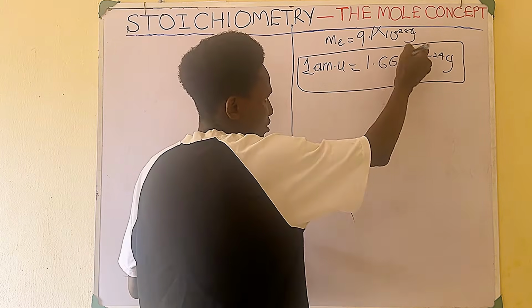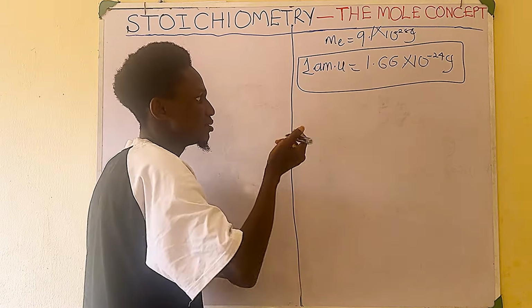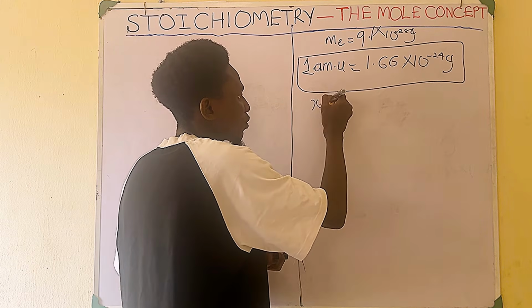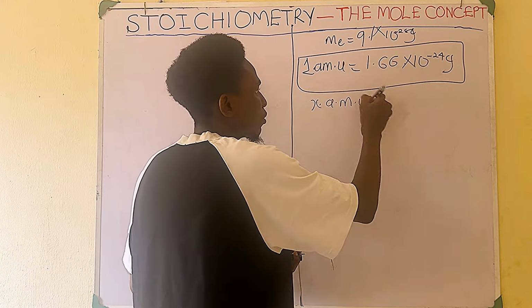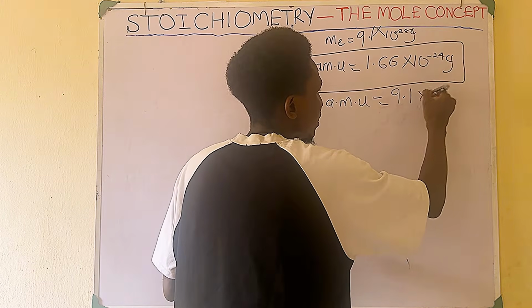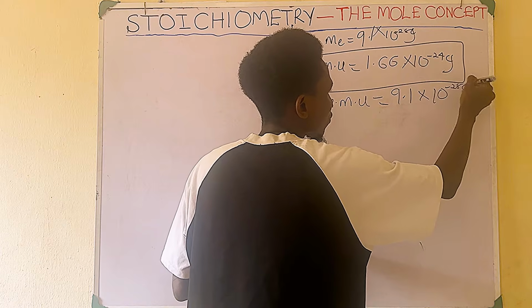Since I have grams, I can look for atomic mass unit easily by relationship. Now, let me call what we are looking for x amu. Then I have 9.1 times 10 raised to the power minus 28 grams.